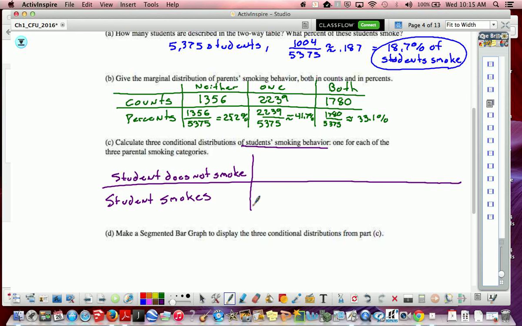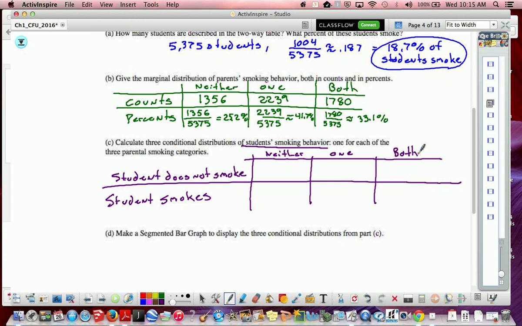Okay. So now, again, we're talking about the parents, we have to do one for each of the 3 parent smoking categories. Okay? So in this case, we're talking neither, 1, or both.